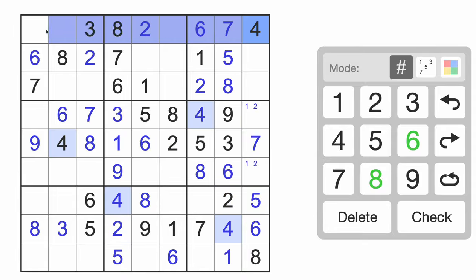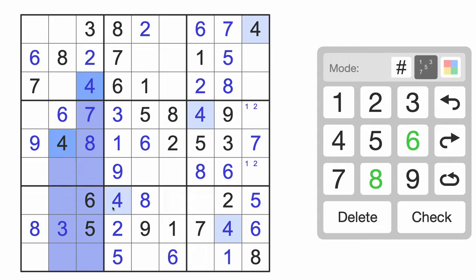And I can place 4 in box 1. And I can place 4 in box 7.